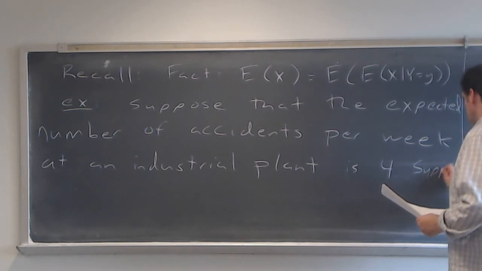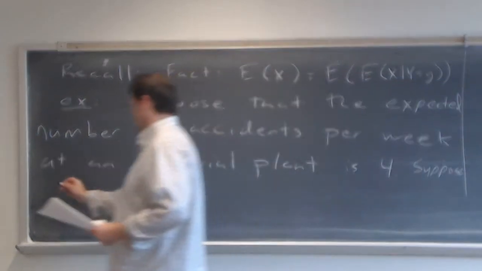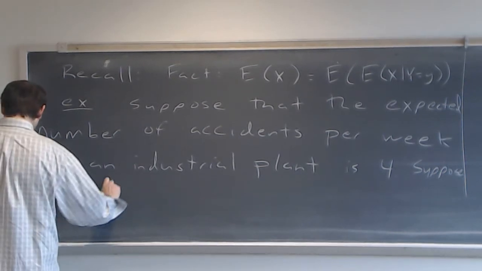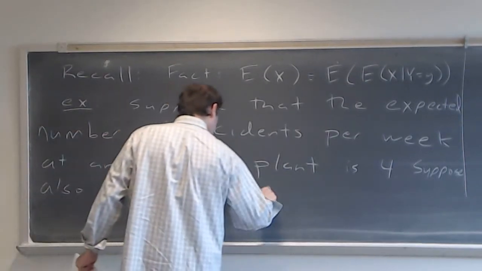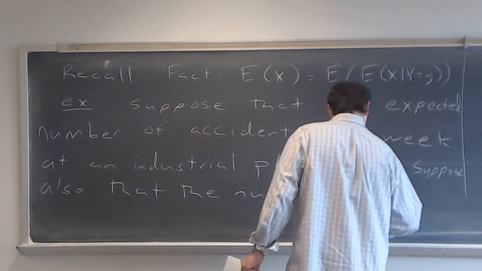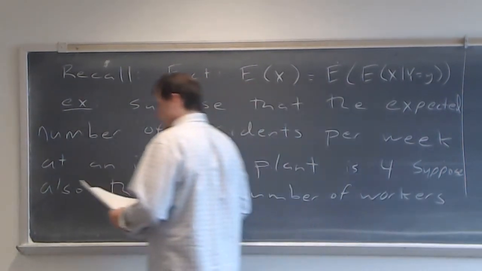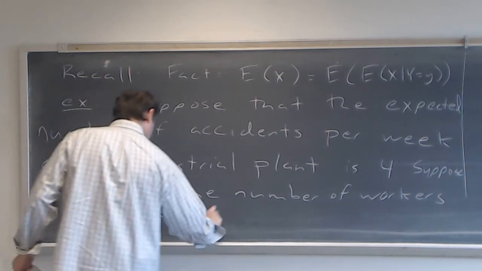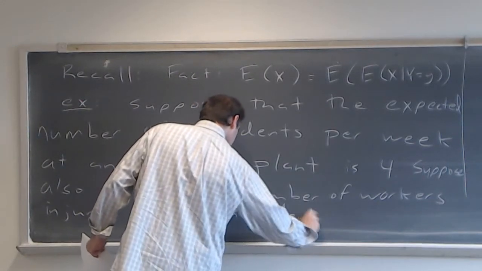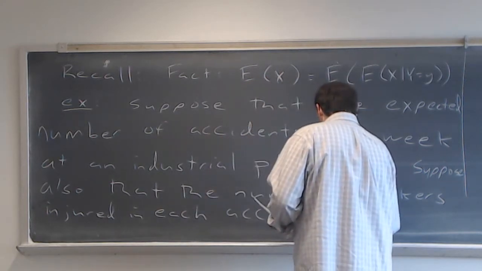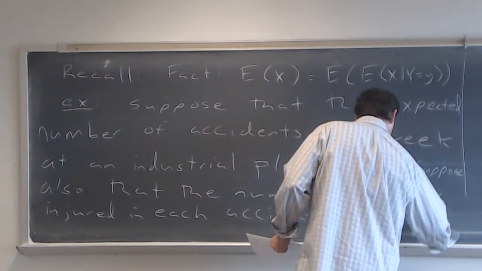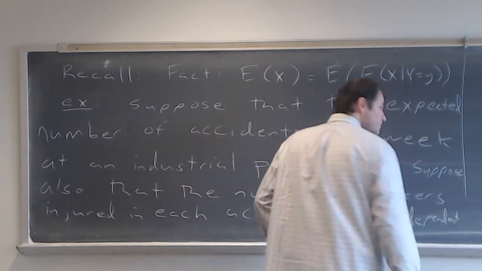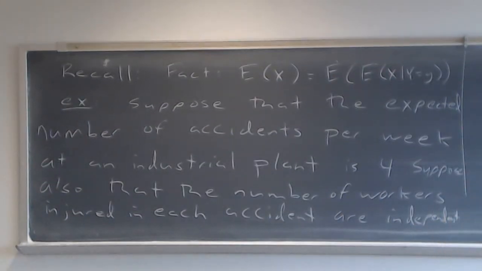Suppose also that the number of workers injured in each accident are independent random variables, so for each accident, they're independent random variables, the number who got injured.